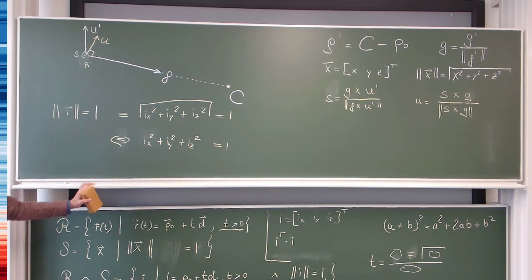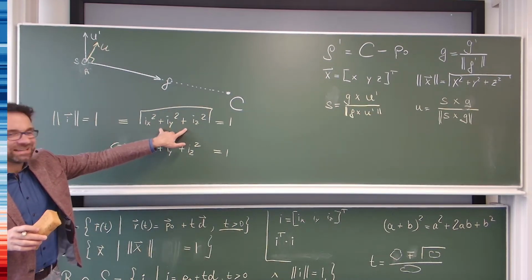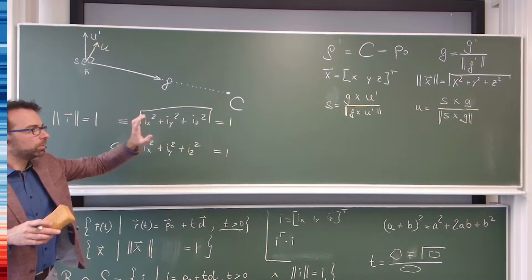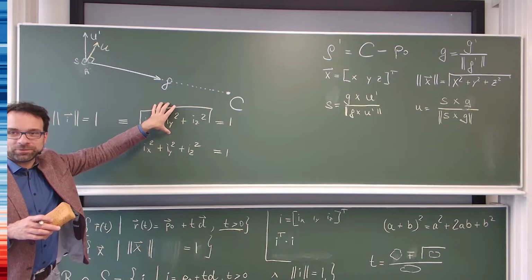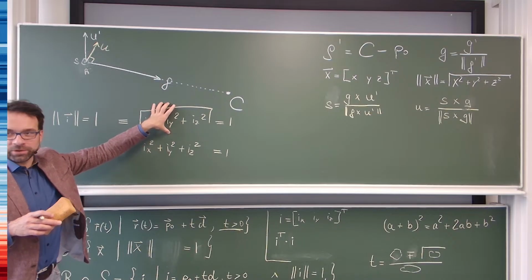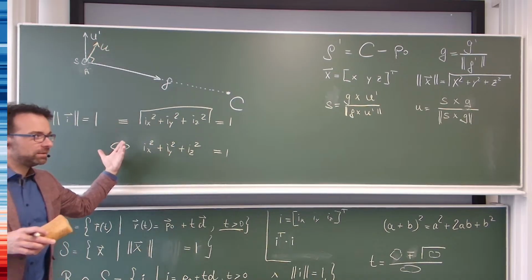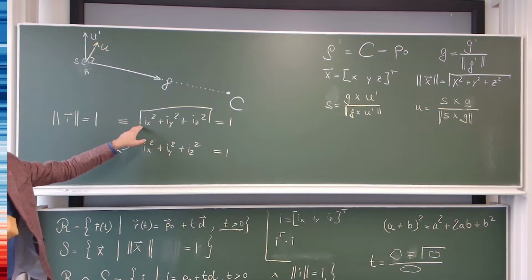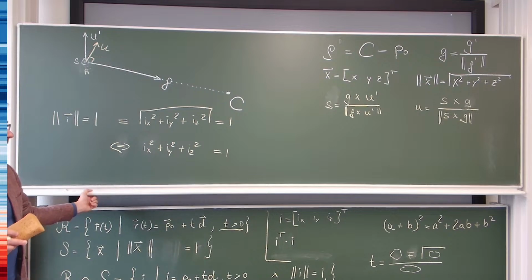I only need to be careful when the left-hand side of the equation can be negative. There could be cases where I have an equation where this side can be negative. If I then square it, I lose half of the values because I'm just mapping the negative ones to the positive ones by squaring them. But since this is a square root and the result of a square root is always positive, I'm safe here.